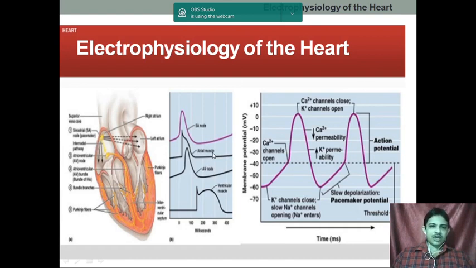Now if you look at the atria, you can find the difference in the action potential. Clear? Action potential, this is again fast and slow, all those things are there.